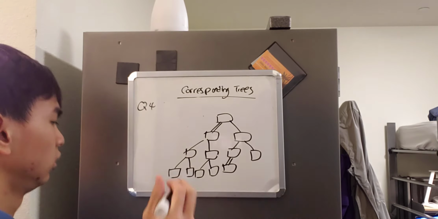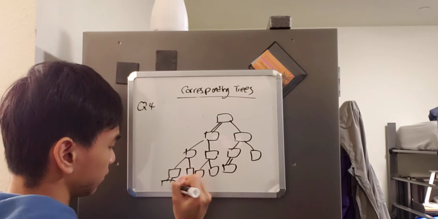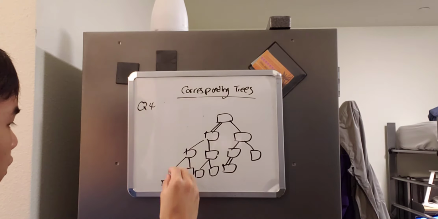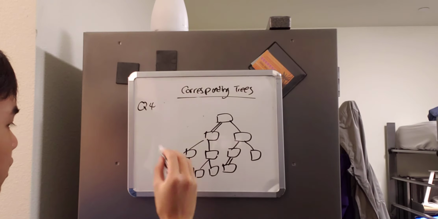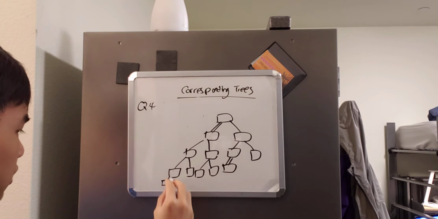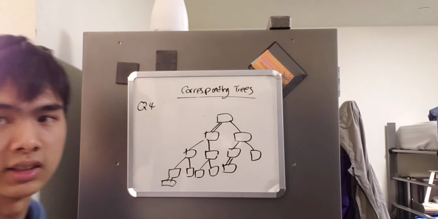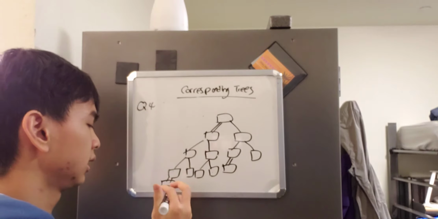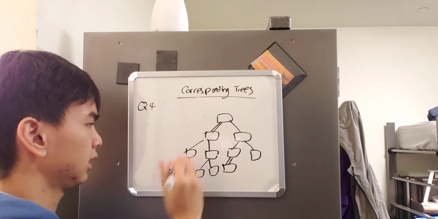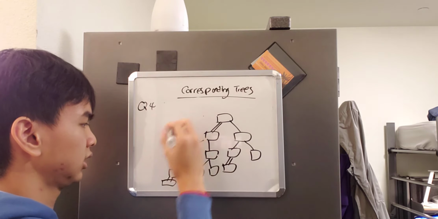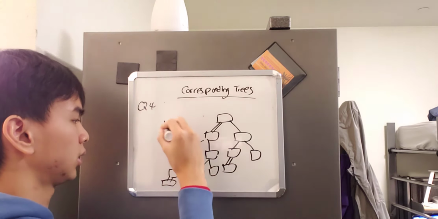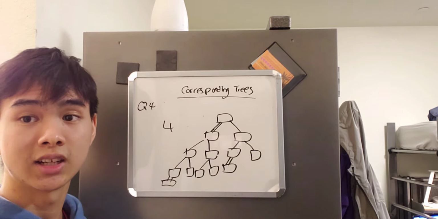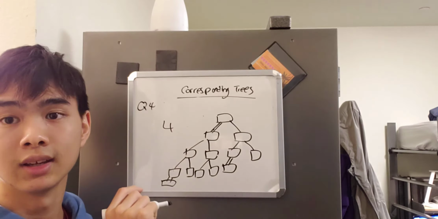If I add one node right here, the red link is on the left side of this node. Does that break the rule? It doesn't. If it were on the right side, it would, and it would cause a rotation. But on the left side it wouldn't, and the height did increase, as you can see. 1, 2, 3, 4. Yep, the height did increase, so it's now 4 instead of 3.